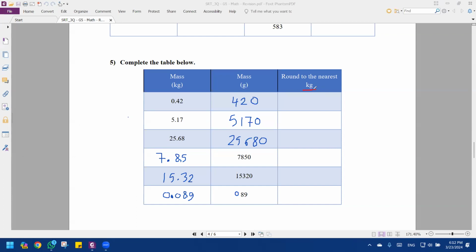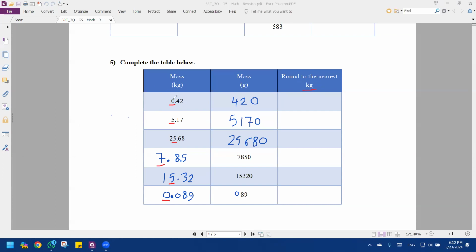So this is similar to round to the nearest whole number. They said round to the nearest kilogram. It means we don't need decimal. So let me underline the ones. 0, 5, 5, 7, 5, 0. This is round to the nearest kilogram.